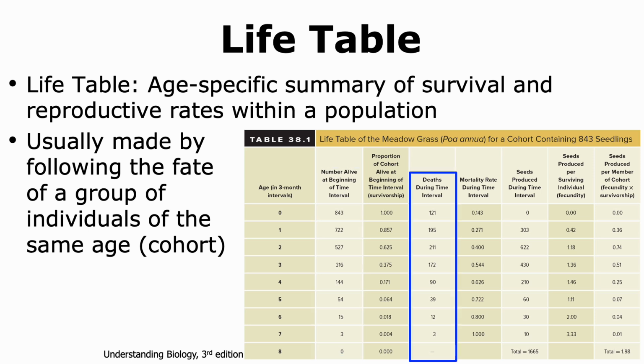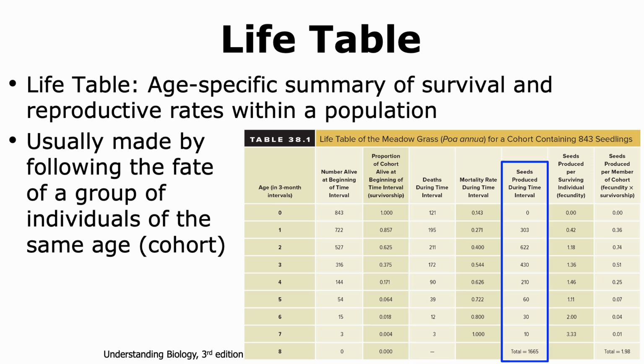It also shows us the deaths of the seedlings during each time interval. We are able to see that at the early time intervals, there is an increase in the deaths, but as time passes, there is a decrease in the number of deaths, probably because there are not that many that are alive to begin with at the later time intervals.